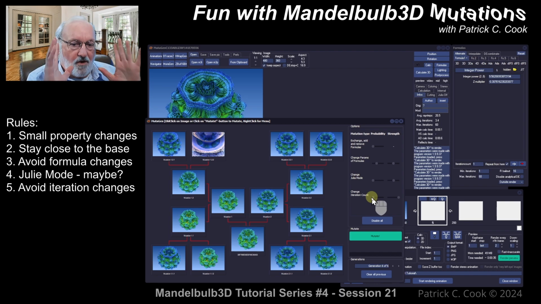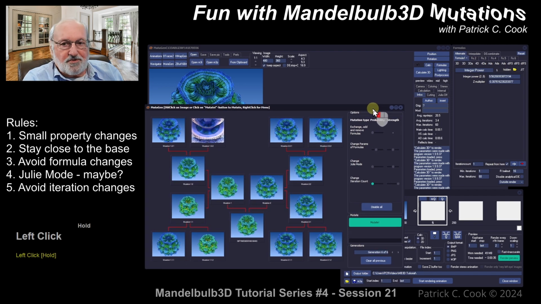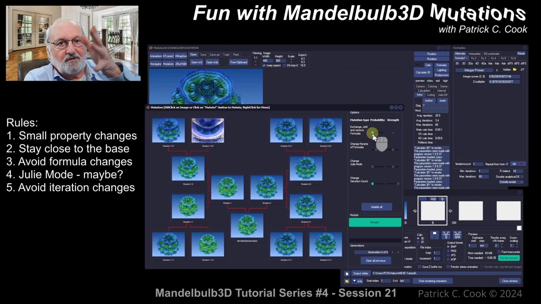So basically, what I just said in the last 2 minutes is that these options, exchange, add, and remove formulas, do not work. Mandelbulb does not know how to interpolate between keyframes where there is a formula assignment change.